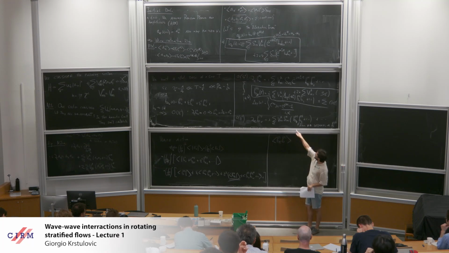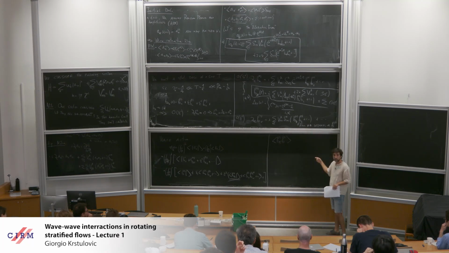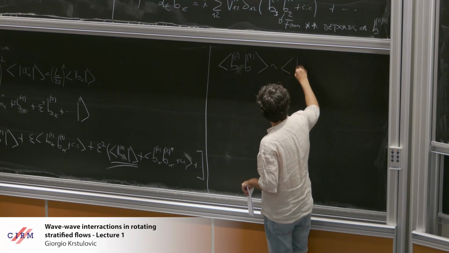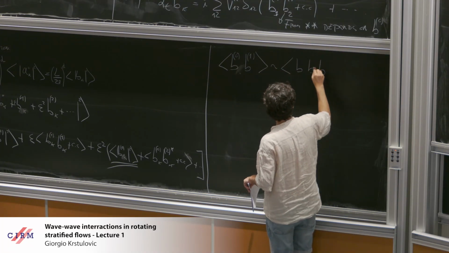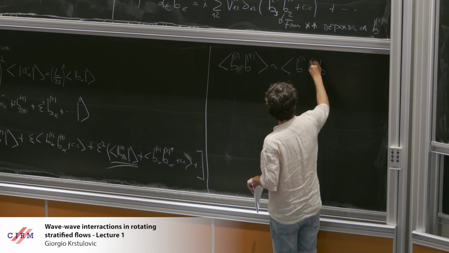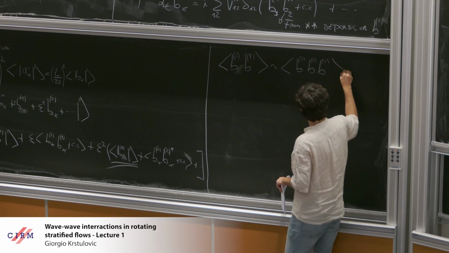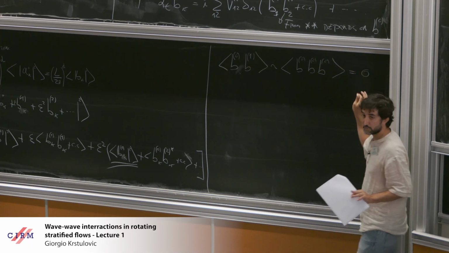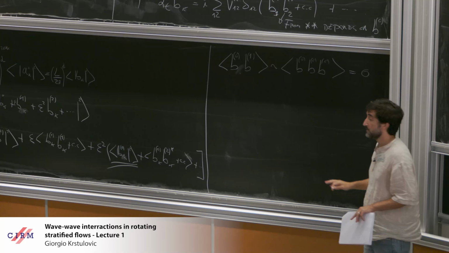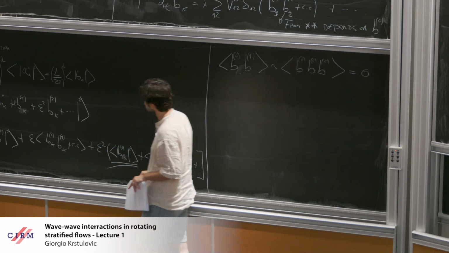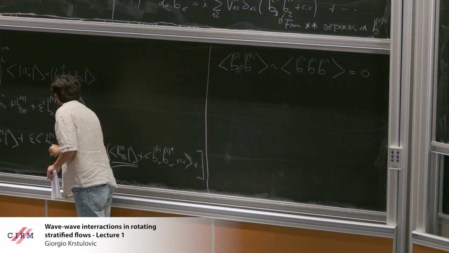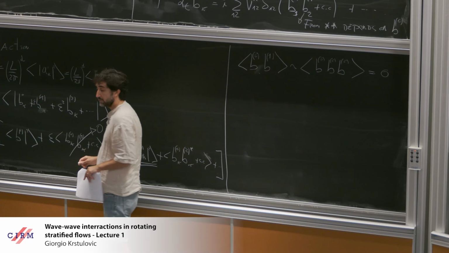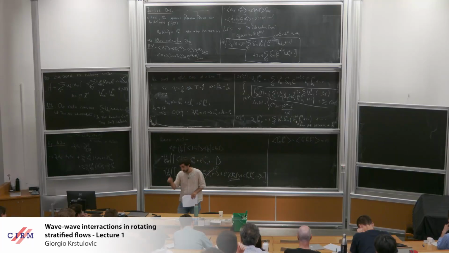In V1, I have two V0s, so if I replace V1 inside this guy, I will concern with three V's, which are 0, okay? So basically there is no contribution here, it is exactly 0 under RPA, okay?